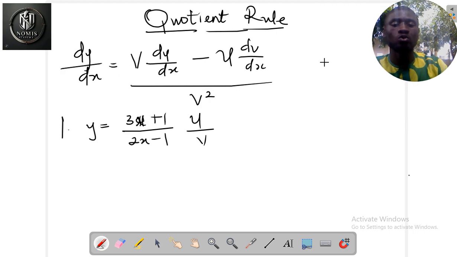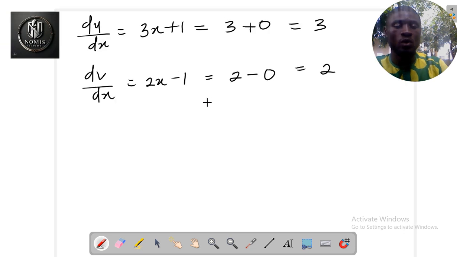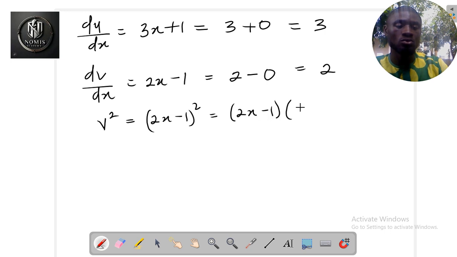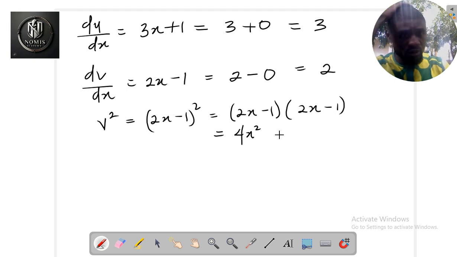Now what else do we need from the formula? We need v squared. So v squared is (2x minus 1) squared. That is 2x minus 1 multiplying 2x minus 1. 2x times 2x is 4x squared. 2x multiplied by minus 1 gives us minus 2x.